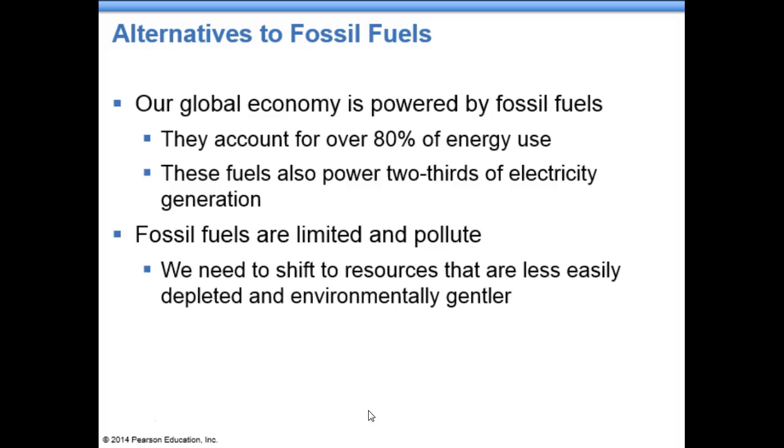These three fuels also generate 2/3 of the world's electricity. They are non-renewable, as we learned, and they're not going to last forever. Already what was easily extractable is gone, and now we're declining.